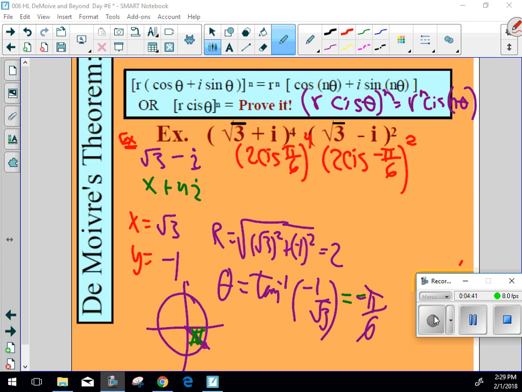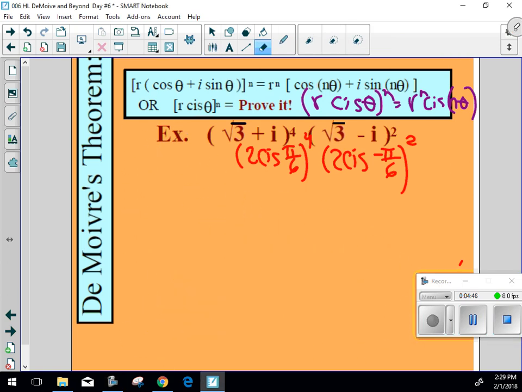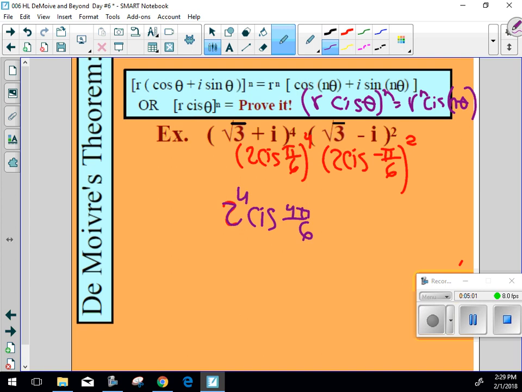So why did we change it into cis form? That seems like a lot of extra work. Well, it is, except now when you have 2 cis pi over 6 to the 4th, this becomes 2 to the 4th cis what? How many pi over 6? 4 pi over 6. And then this is multiplied by 2 to the second, cis negative 2 pi over 6.